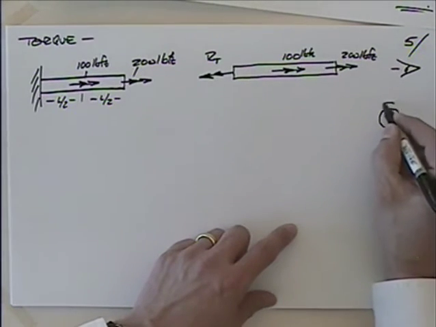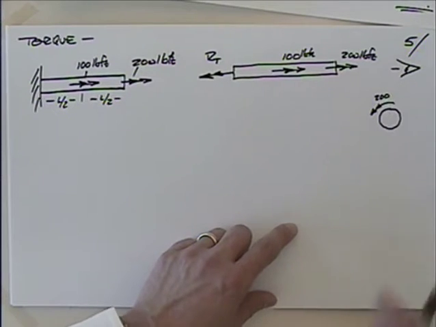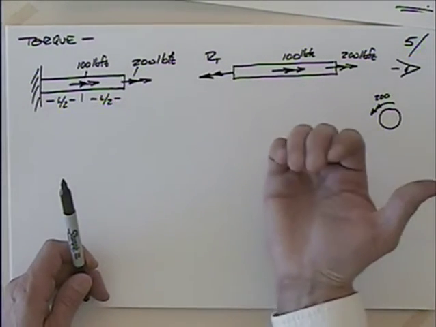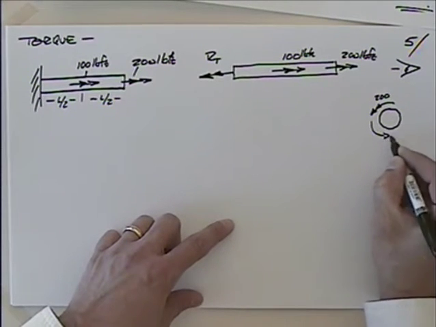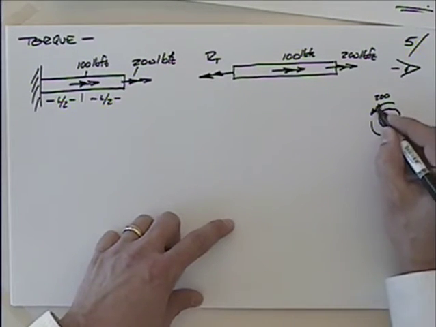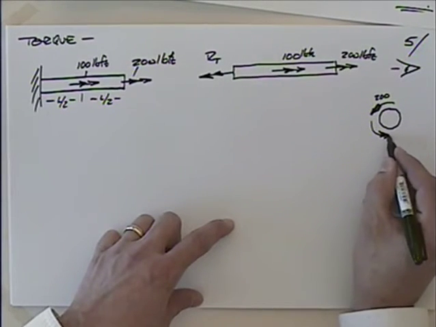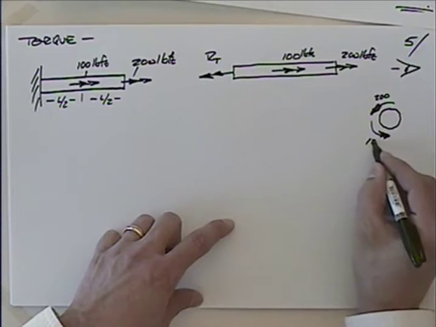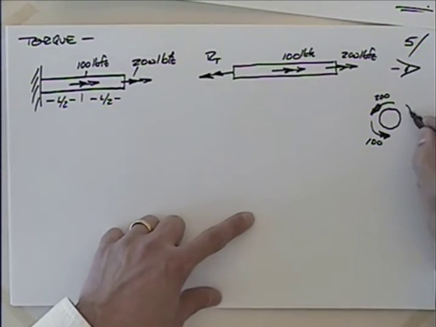So this 200 is going like that. Is that right? And then the 100 is in the same direction. I guess I just need one big arrow there and one big arrow there. There's 100. And then this one is going in the opposite direction, so that's your R, or your reaction torque, isn't it?